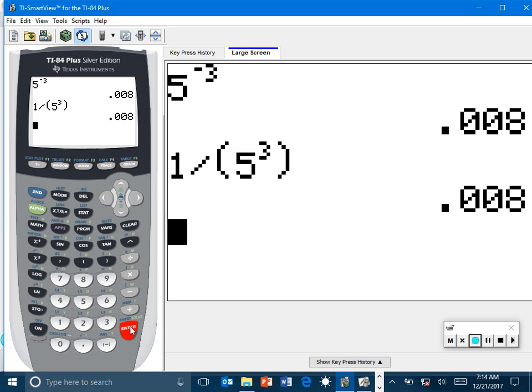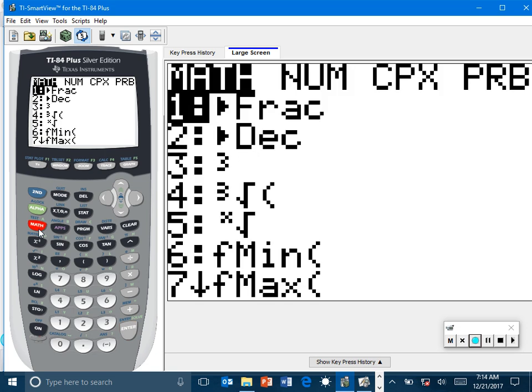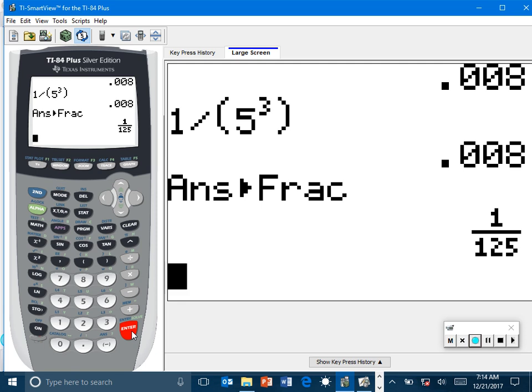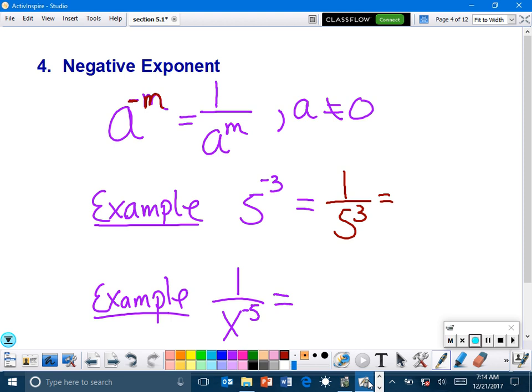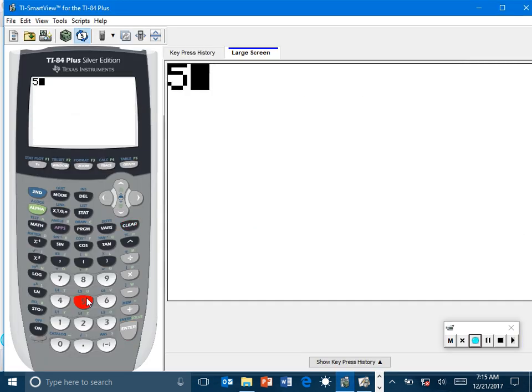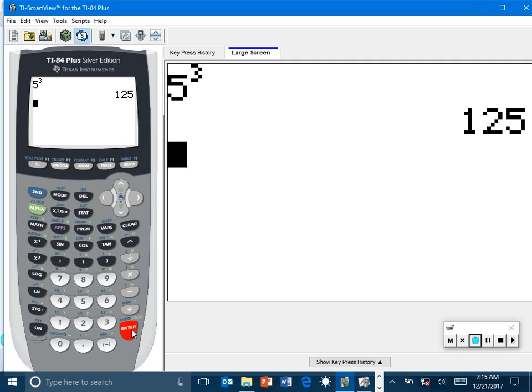Also, if I convert that, remember your math fraction button, that is actually 1 over 125. Think about it, 5 to the third power is 125.